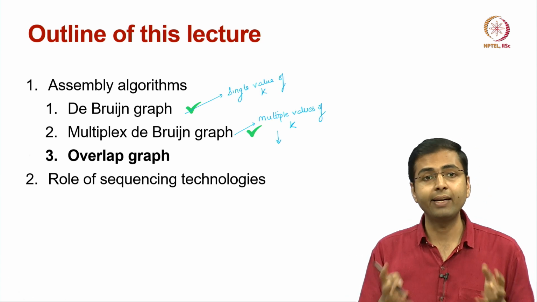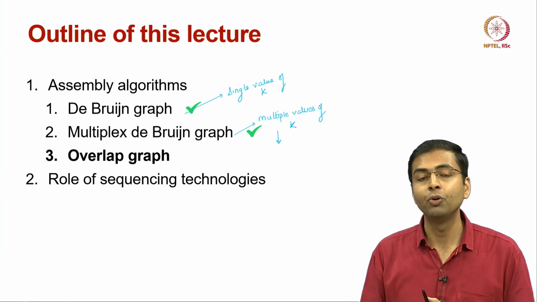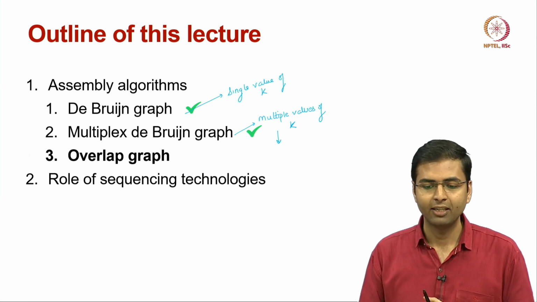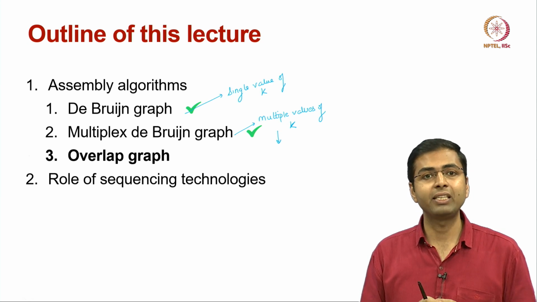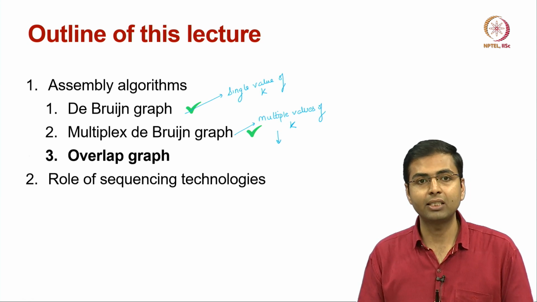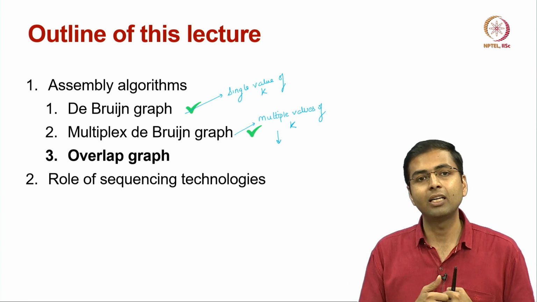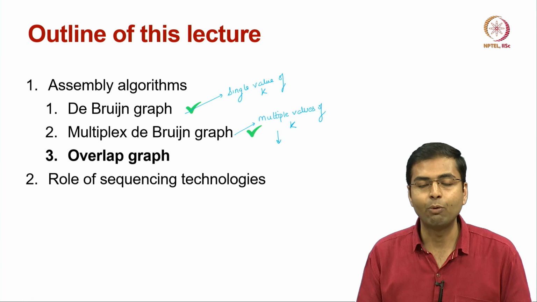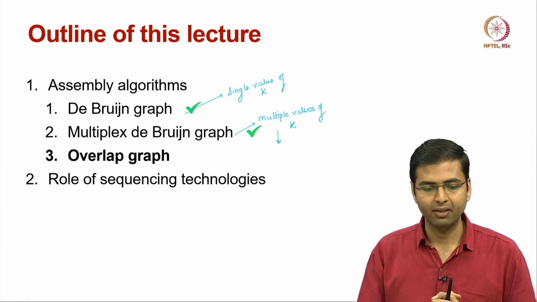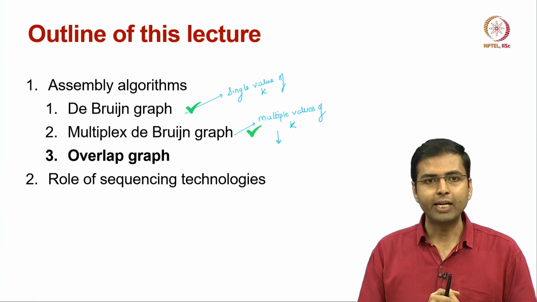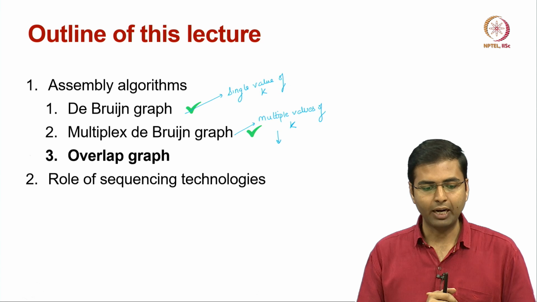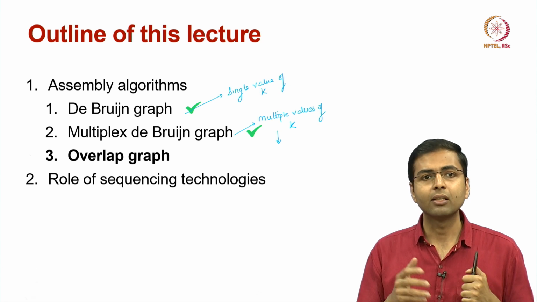Even though there is no guarantee that multiplex De Bruijn graphs will give you better genome reconstruction, in practice we see that the reconstructed genomes tend to be higher quality versus just working with a single k-mer value.